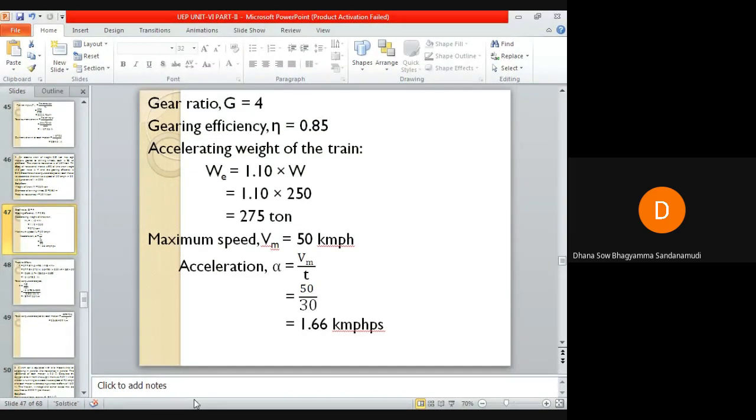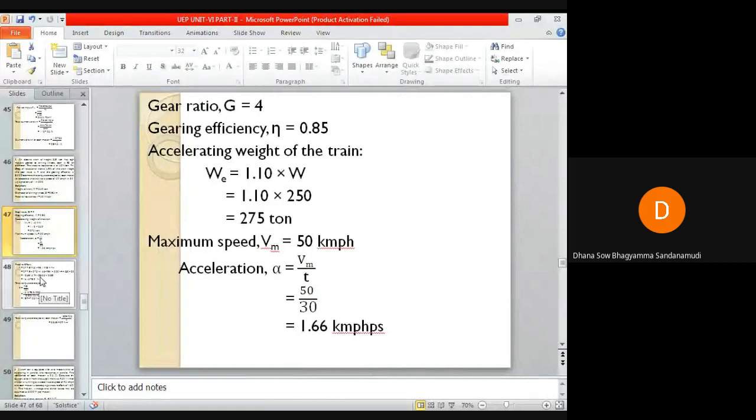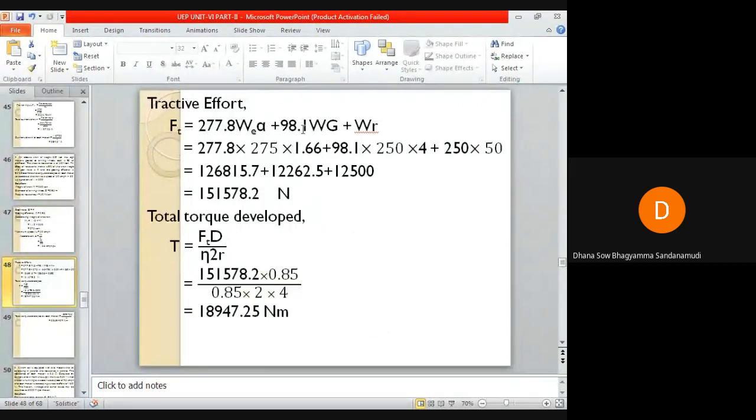Okay. So acceleration is alpha. You have determined acceleration, so we can determine the tractive effort now. Tractive effort is 277.8 W into alpha plus 98.1 W into G plus W into R. Here W is 275, alpha we have just calculated, you know W, you know G, and you know the R. R is the resistance of the train, that is 50.